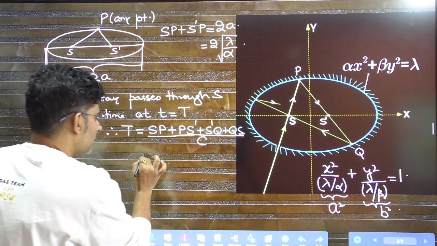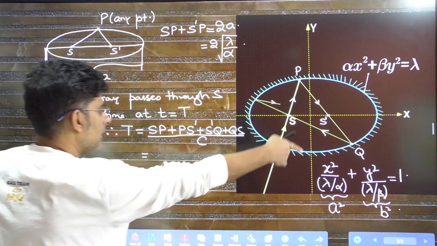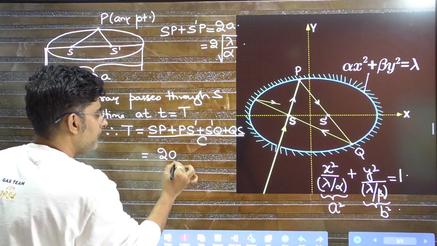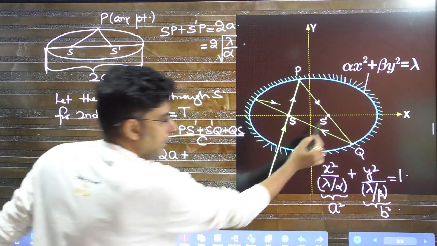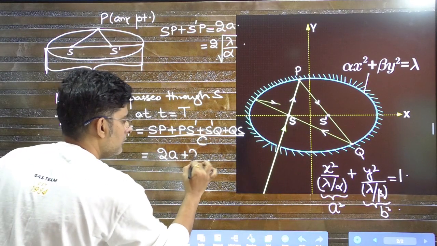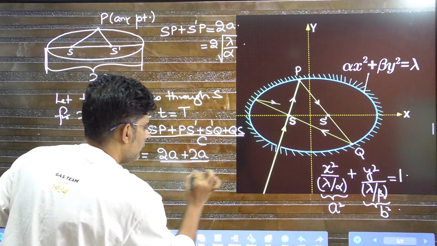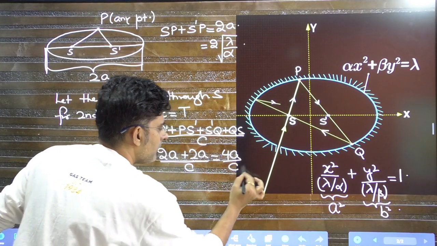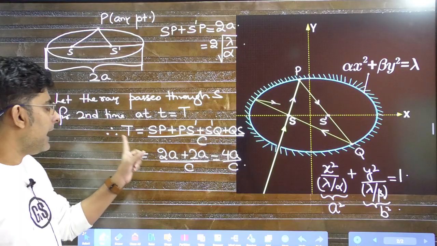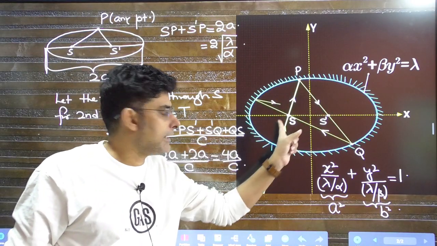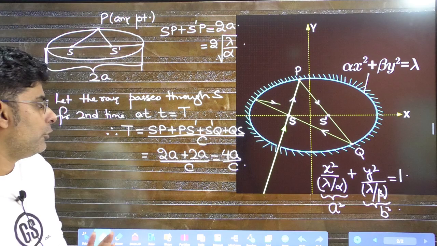Now I just told that if you take any point on the ellipse, so SP plus PS dash will become equals to 2A. And same, S dash Q plus SQ will also become equals to 2A. So this becomes 4A by c. So time taken for the ray to return back to S is 4A by c.